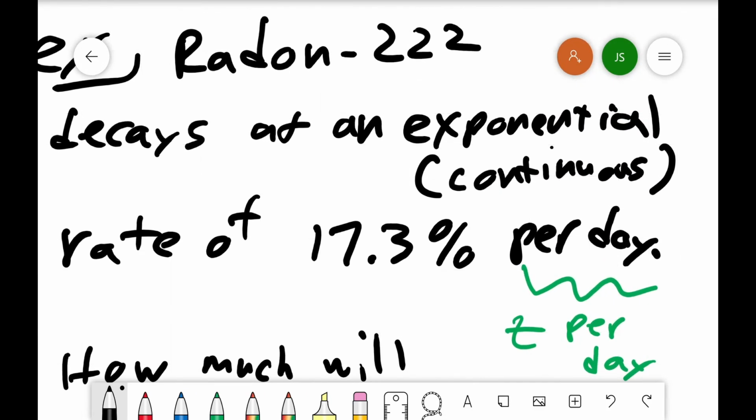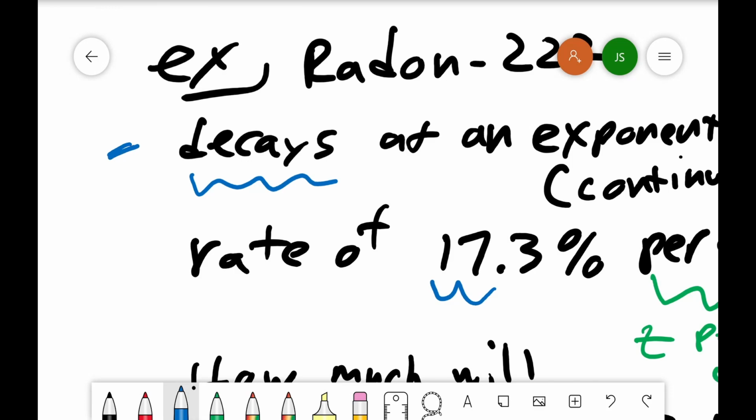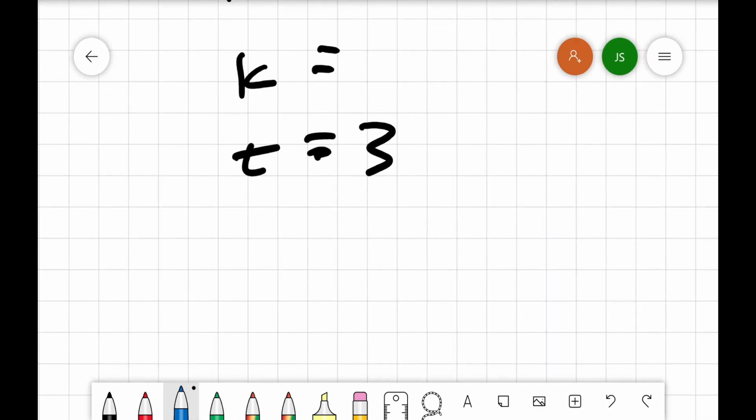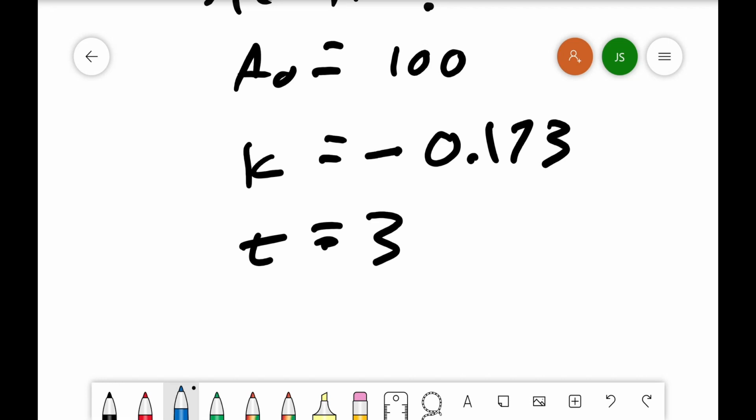And then k, the exponential decay rate is 17.3%. So I'm going to move that decimal over and get 0.173. However, it is a decay rate. That means use a minus. So it'll be negative 0.173. And negative is for decay.